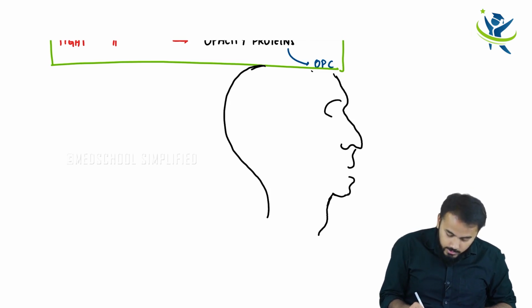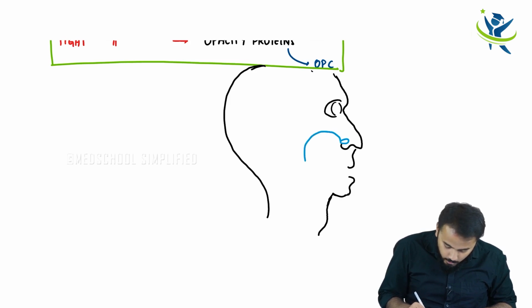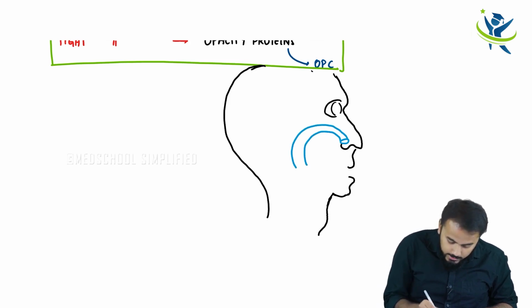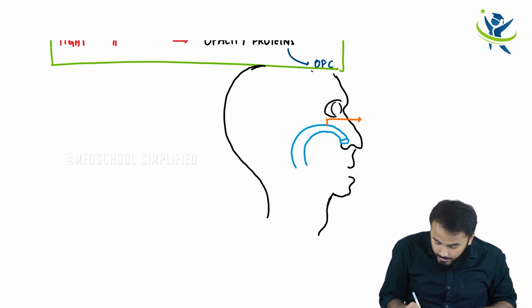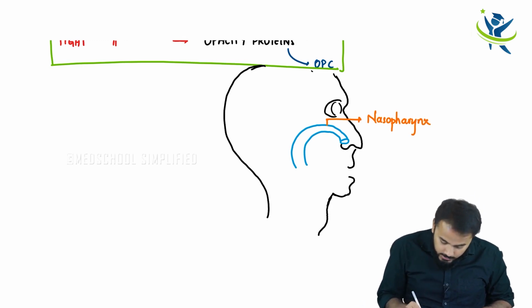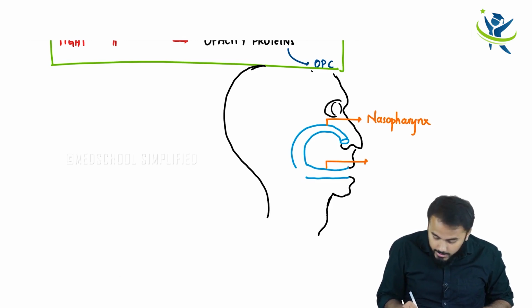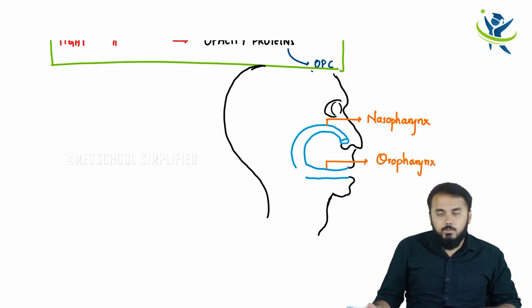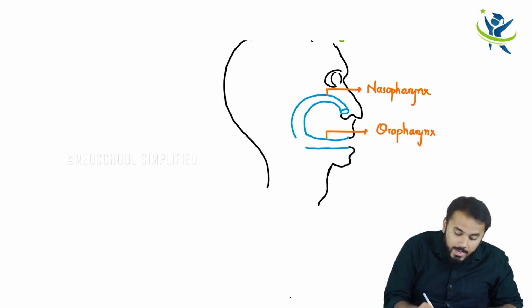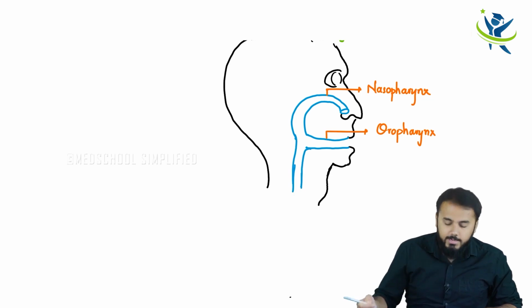So these are your eyes over here, and all of you know very well that this part which I am drawing right now is called your nasopharynx. The next one, this part which I am drawing right now, is called your what? It is called your oropharynx. One is your nasopharynx, next is your oropharynx. Your nasopharynx and oropharynx together join and form the laryngopharynx.